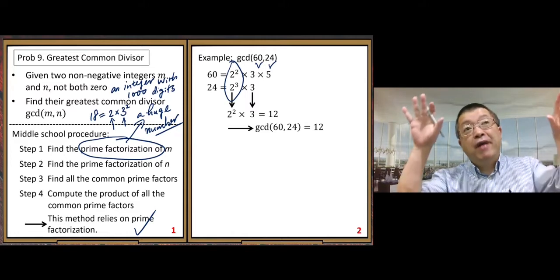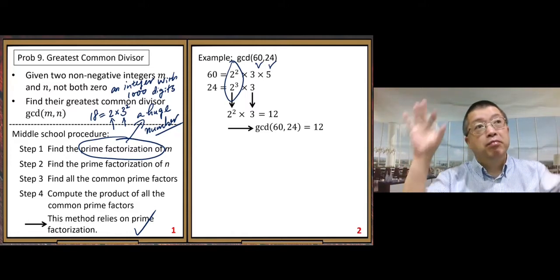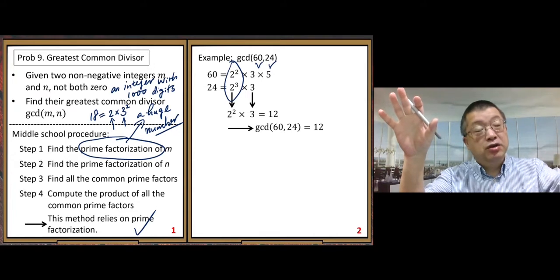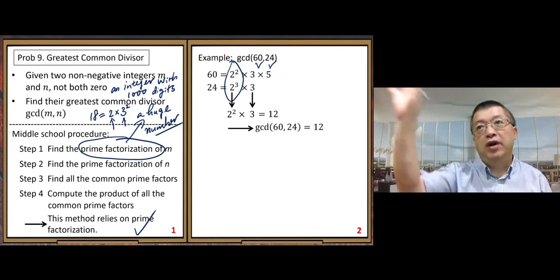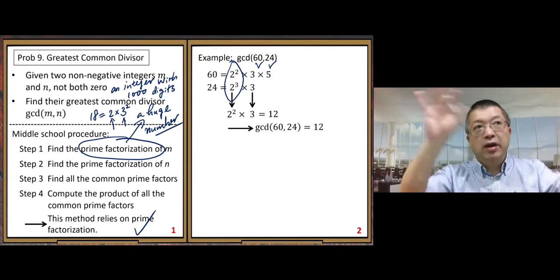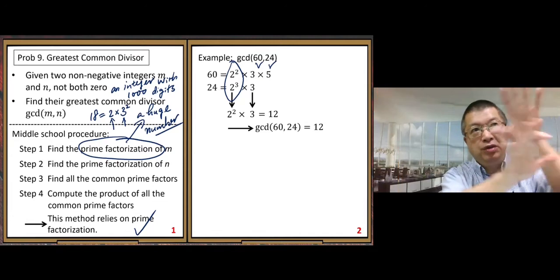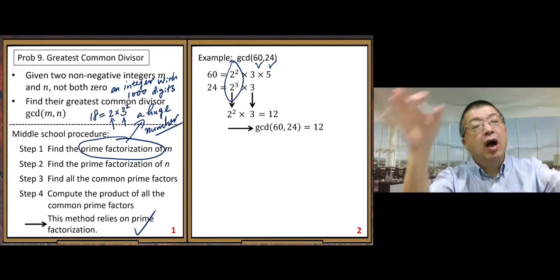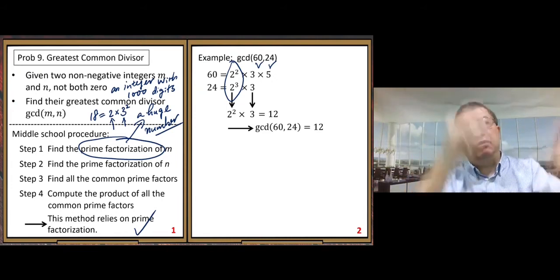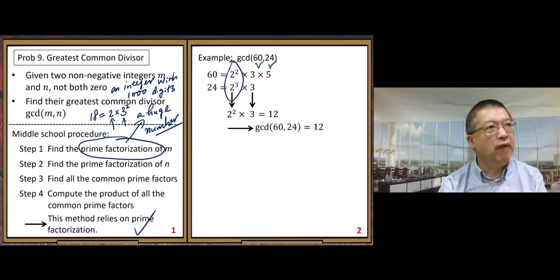Think about if we have two integers, both with 1,000 digits. Now I ask you to do prime factorization and find the greatest common divisor. Using a supercomputer, can you do it? Think about it.